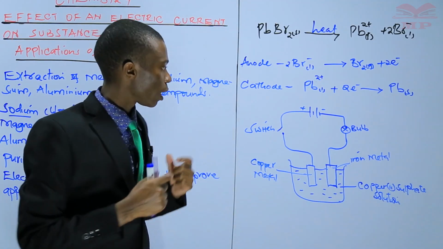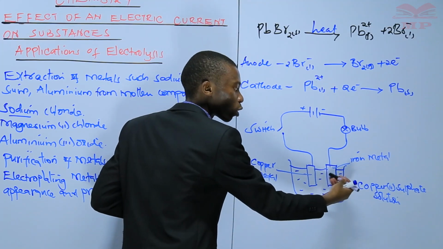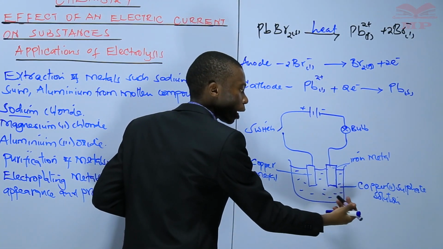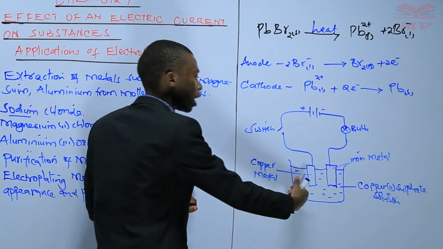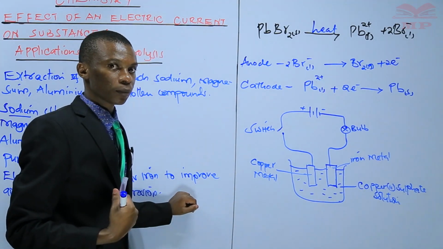Therefore, if you want to coat this iron metal with copper, then the solution should contain copper ions, and that's why you have copper(II) sulfate solution, and the anode is made of copper metal.